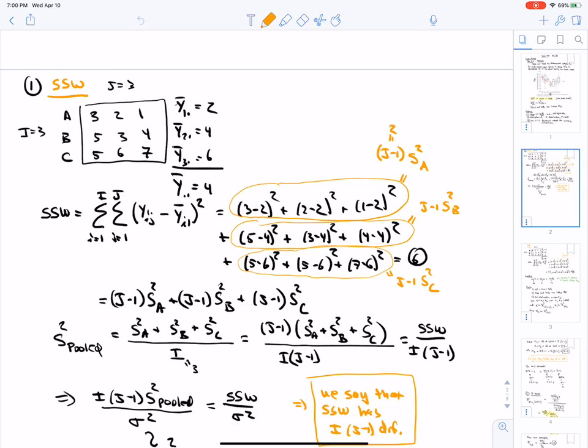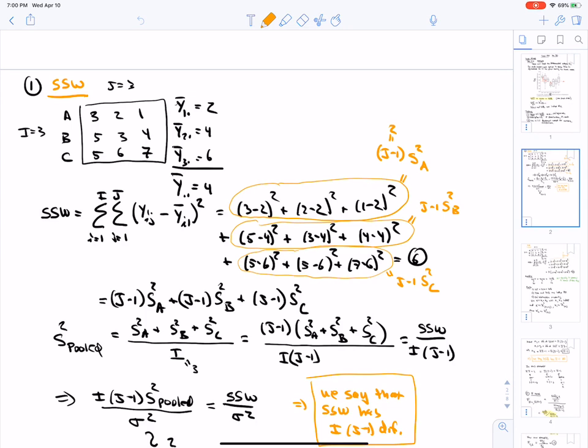The SSW, we can then compute these 9 terms here, gives you 6, and we realize that each of these groups of 3 is in fact a multiple of a sample variance. The sample variance for group A, sample variance for group B, sample variance for group C, so all multiplied by J minus 1.